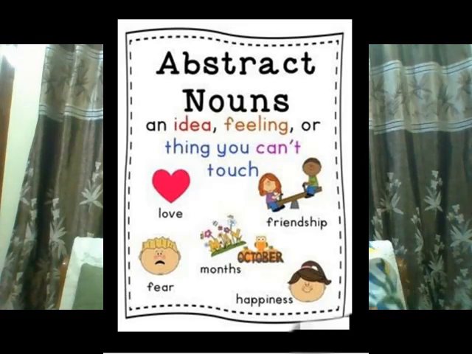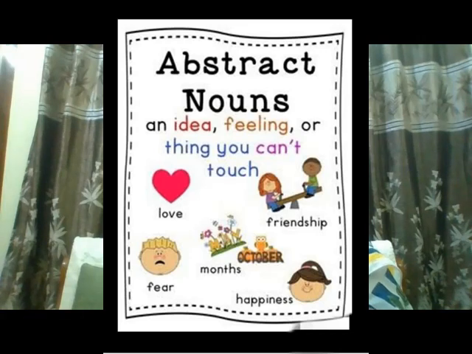An abstract noun is just an idea. It is a concept which takes place in our mind, but we are not able to see it, grab or touch it, or feel it. It is just an idea, and all these ideas come under the category of an abstract noun.